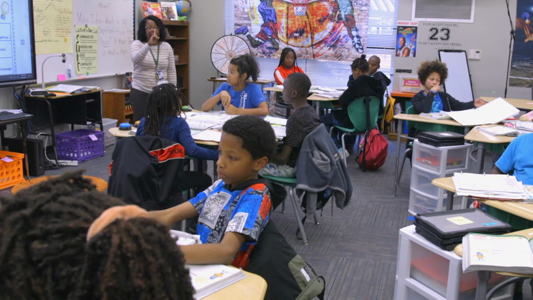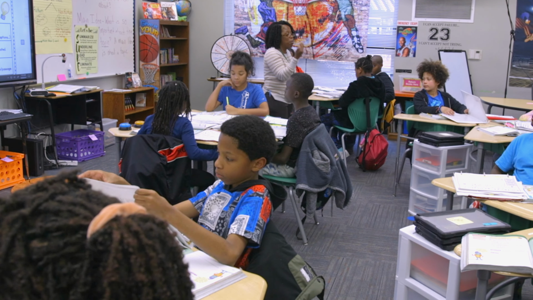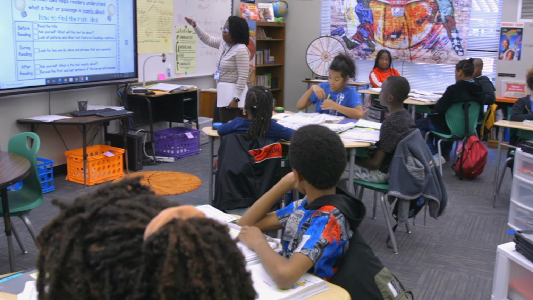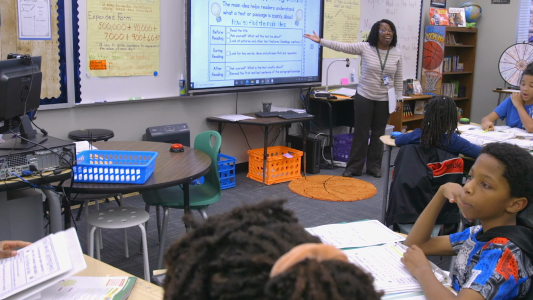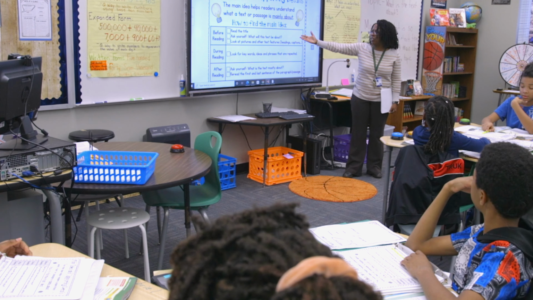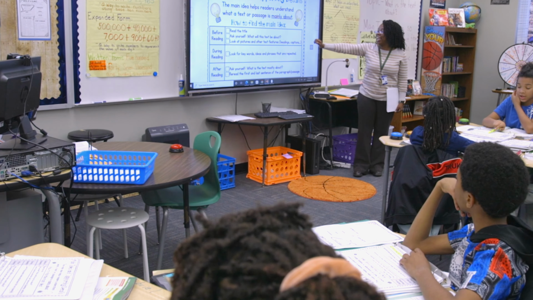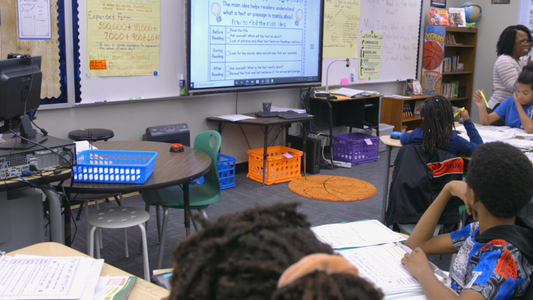Here is the way that's going to help you determine what that main idea is. You must read the title. Ask yourself, what will this text be about? Look at pictures and other text features. Did we see that?